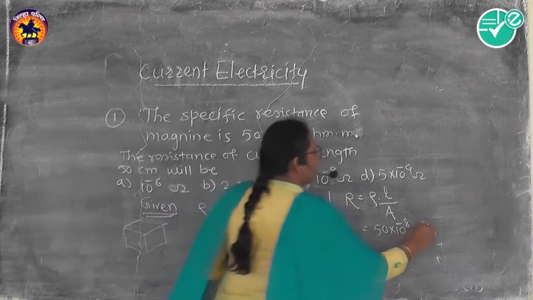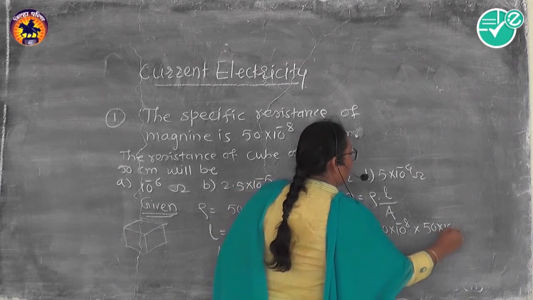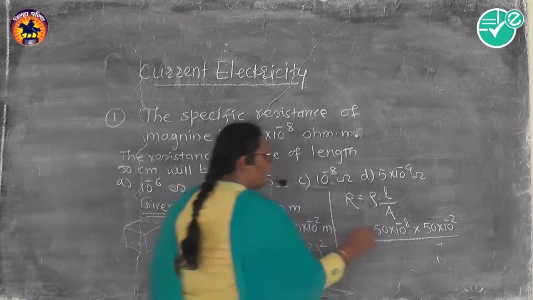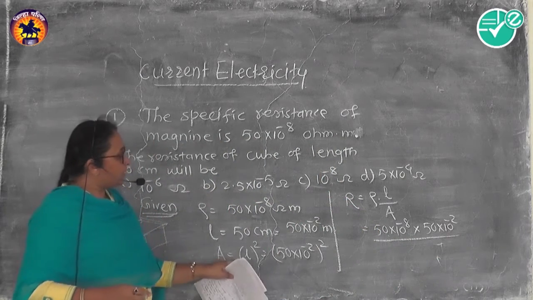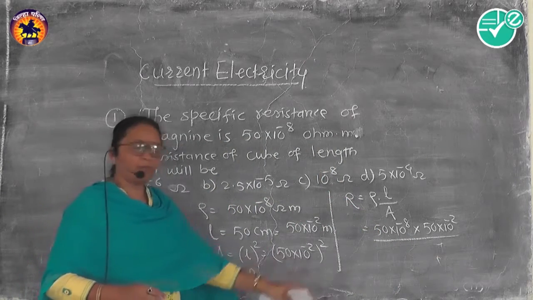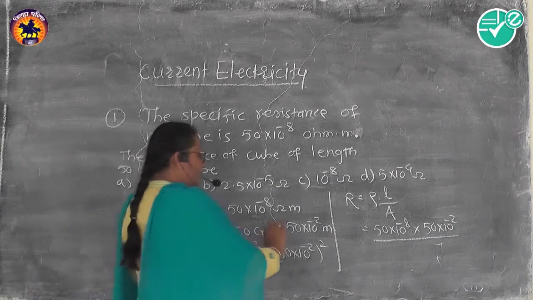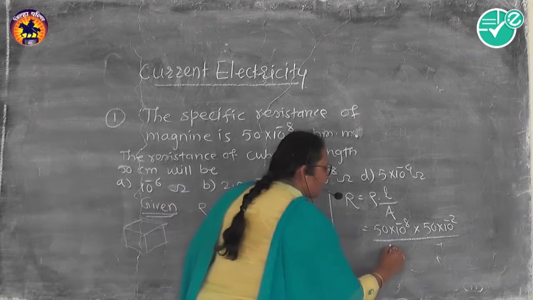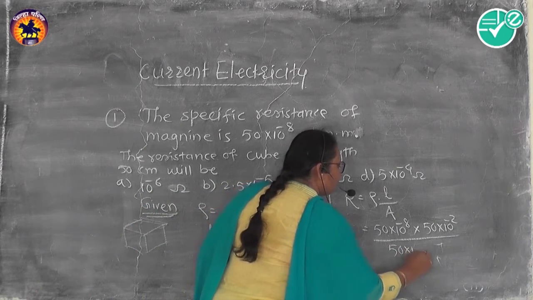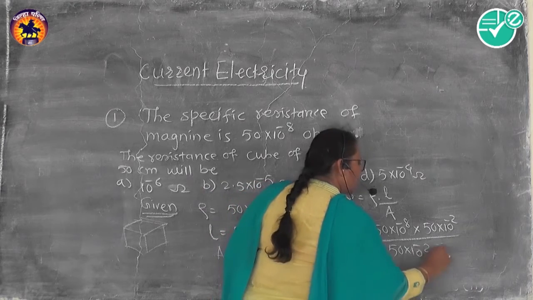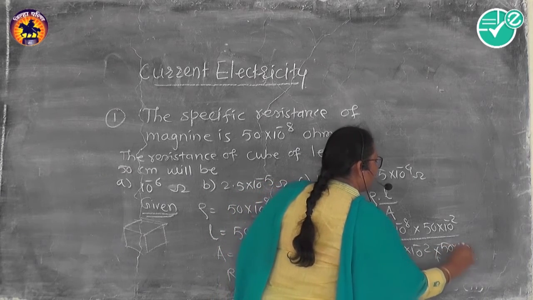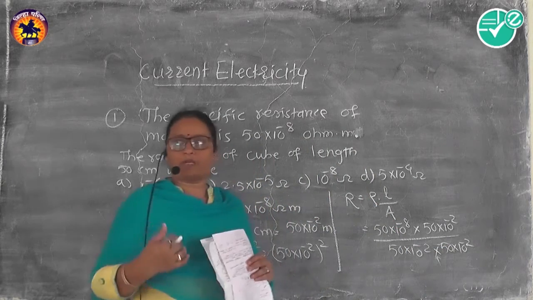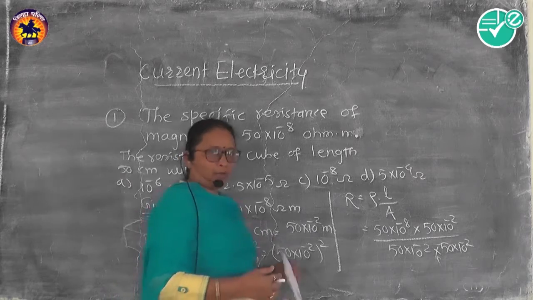Now L is 50 into 10 to the power minus 2 divided by, here A is L square, that is 50 into 10 to the power minus 2 bracket square, that means we can write it as 2 times 50 into 10 to the power minus 2 into 50 into 10 to the power minus 2. This is for our convenience of calculation.